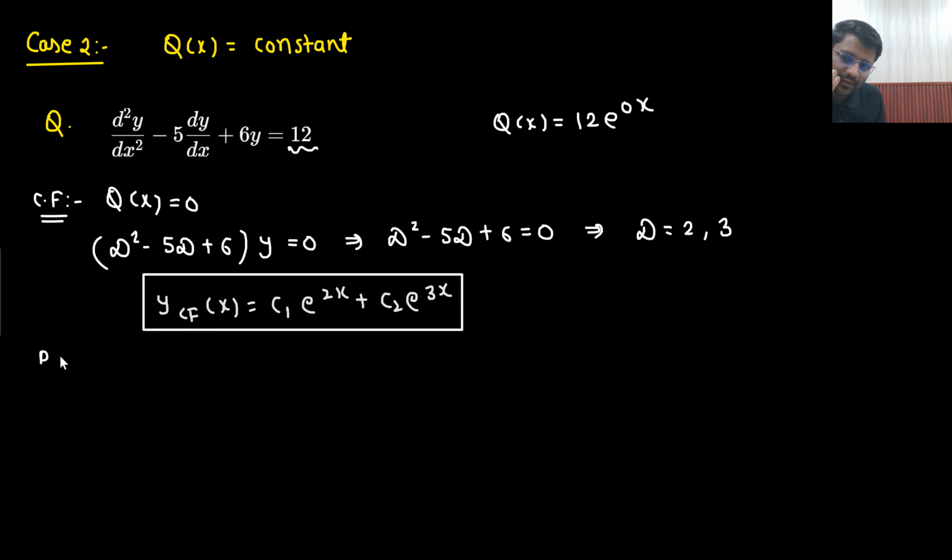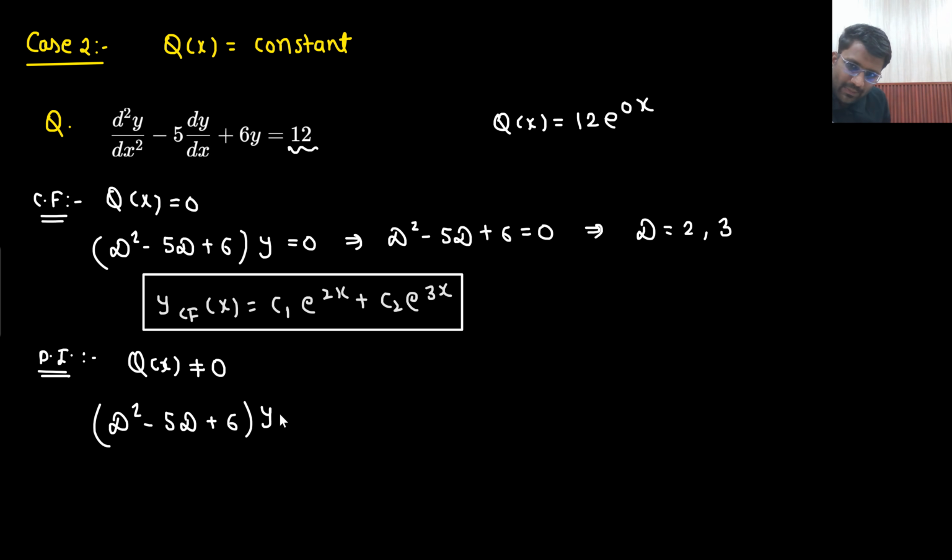What about PI, sir? When you need to find out PI, q of x is not being 0, right? This time your q of x will not be equal to 0. So d square minus 5d plus 6 multiplied with y will be equal to 12 e to the power 0x.